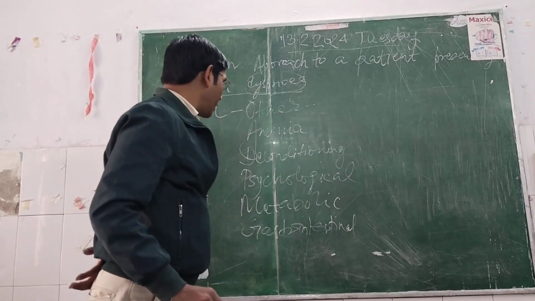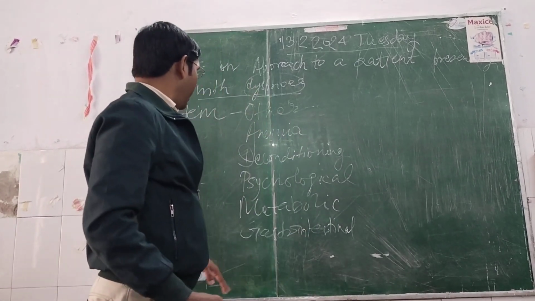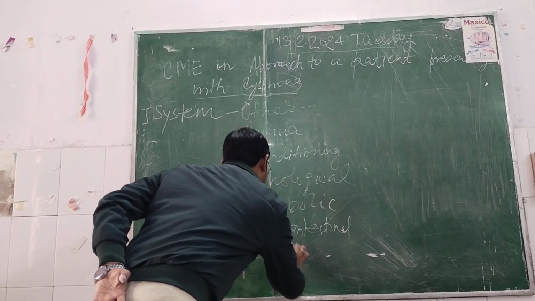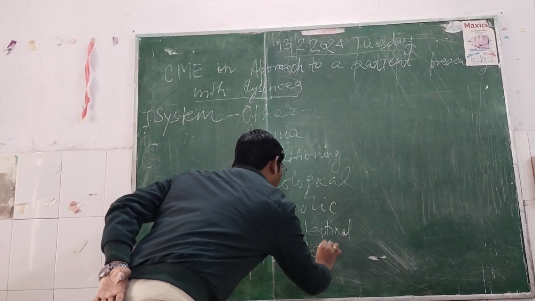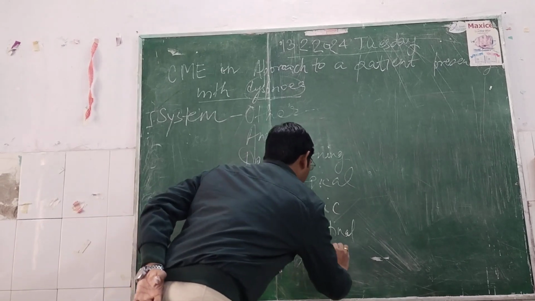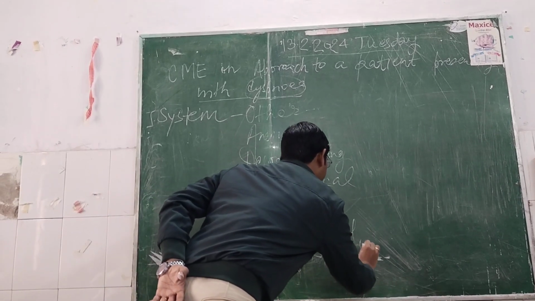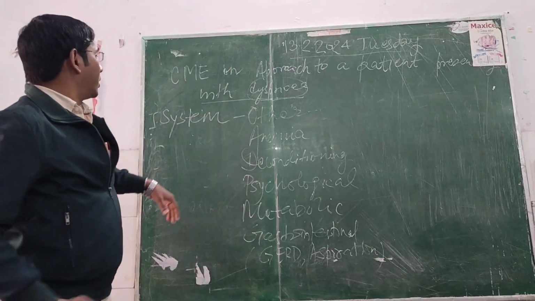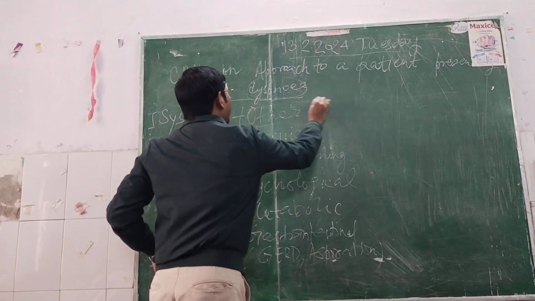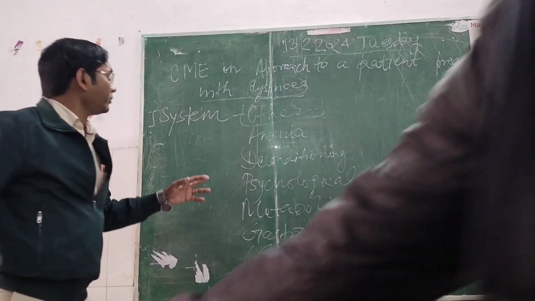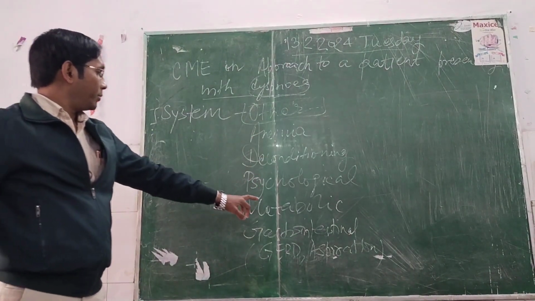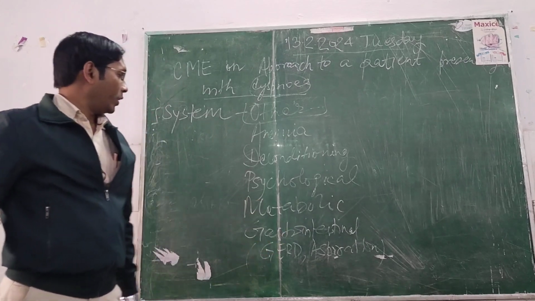Examples of gastrointestinal causes will be GERD, gastroesophageal reflux disease, and aspiration. So these are the other causes of dyspnea: anemia, deconditioning, psychological causes, metabolic, and gastrointestinal.